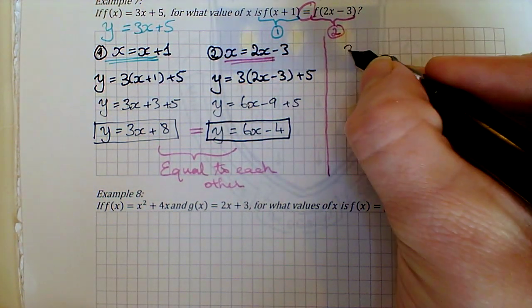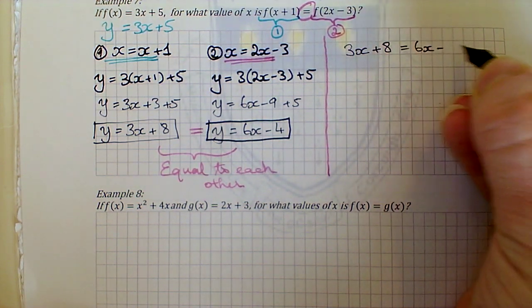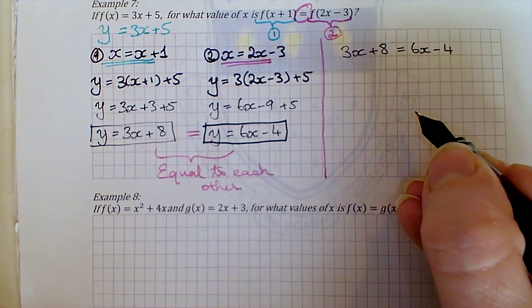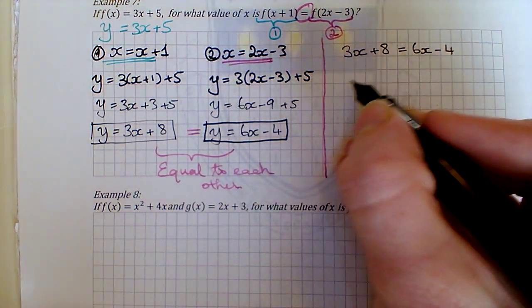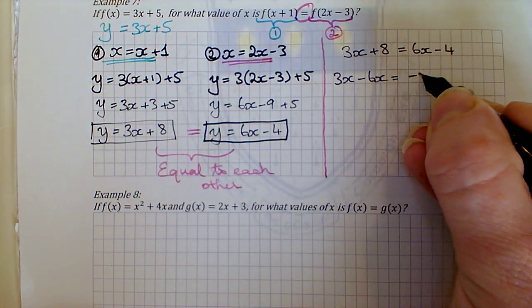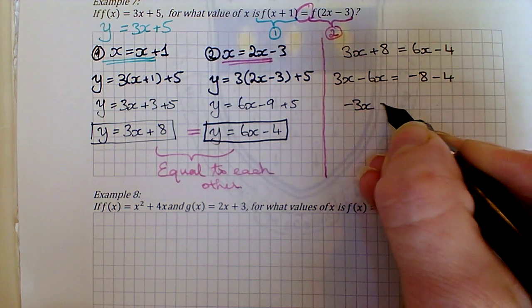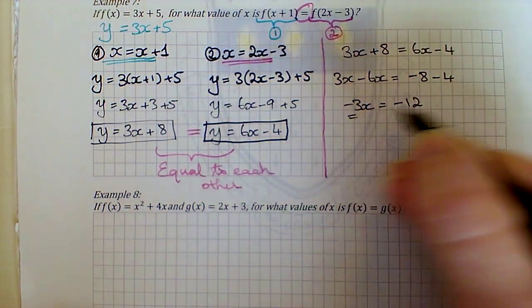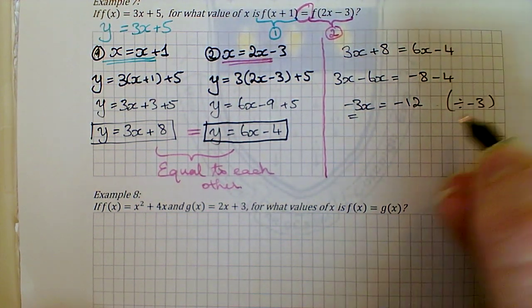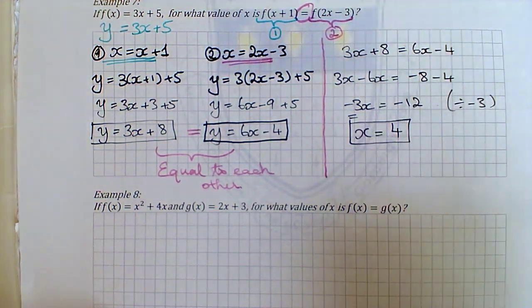So 3x plus 8 is equal to 6x minus 4. Doesn't matter which way around we write that. Bring the x's to one side. 3x minus 6x is equal to minus 8 minus 4. Minus 3x is equal to minus 12. Divide across by minus 3. So x is equal to 4. x is equal to plus 4.